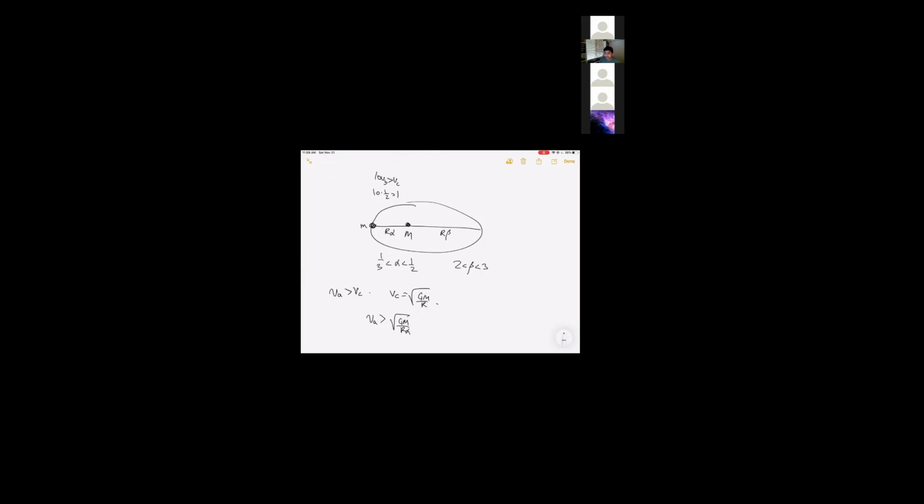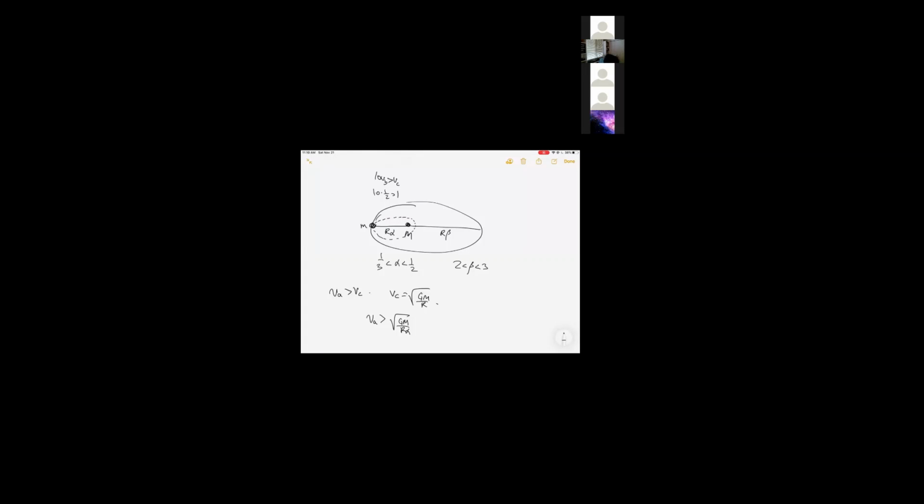Does this argument not work? I don't think this argument works. Let me think. No, yeah, it works. If you were to throw it with a very small velocity, then the orbit looks something like this.